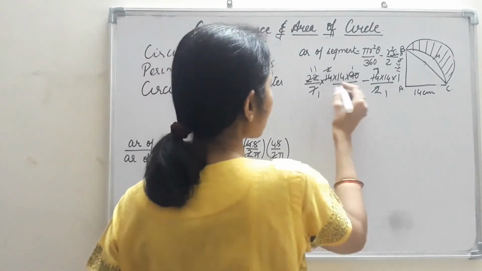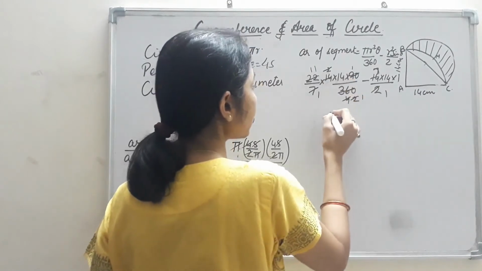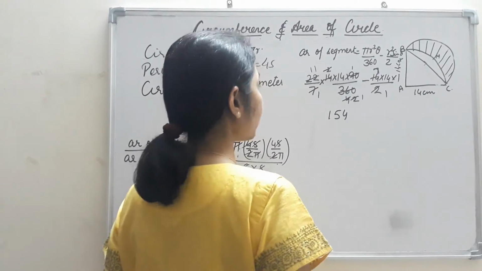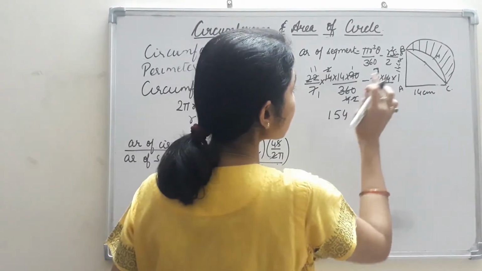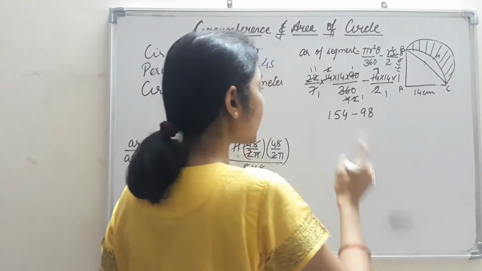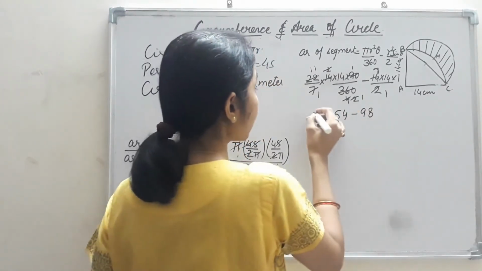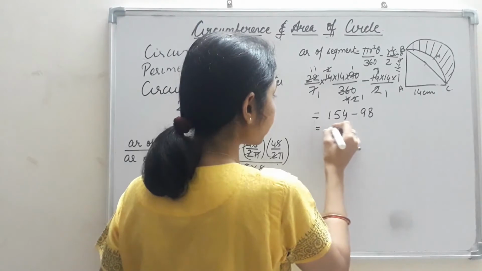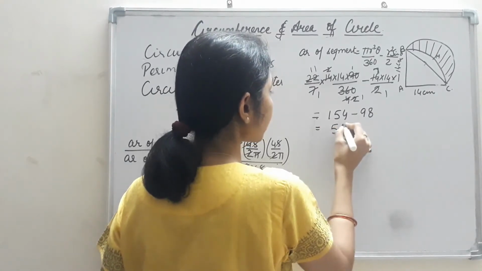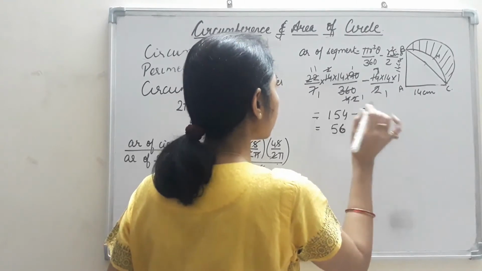So 11 fours are 44, 11 ones are 11, plus 1, so plus 4, that is 154. And here we have 7 multiplied by 14, and that is equal to 98. So the area of the segment is equal to 154 minus 98, that is 56 centimeter square.